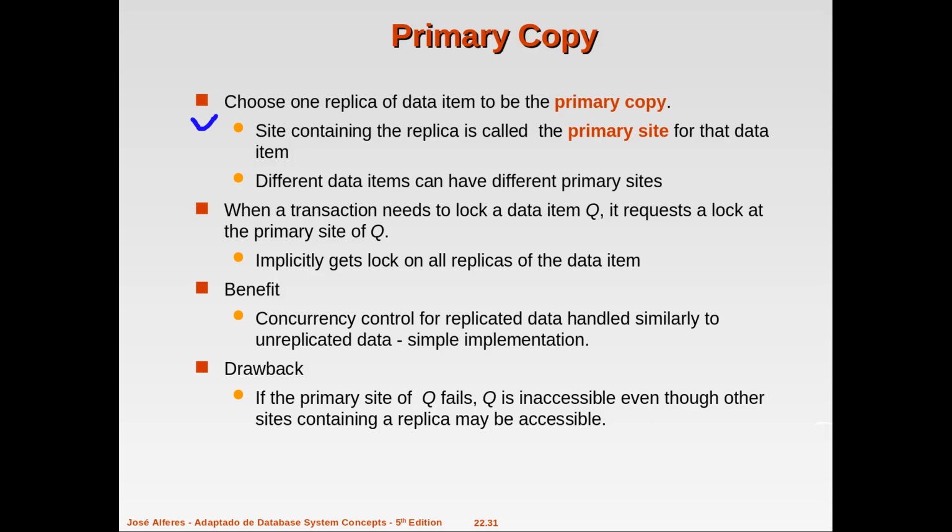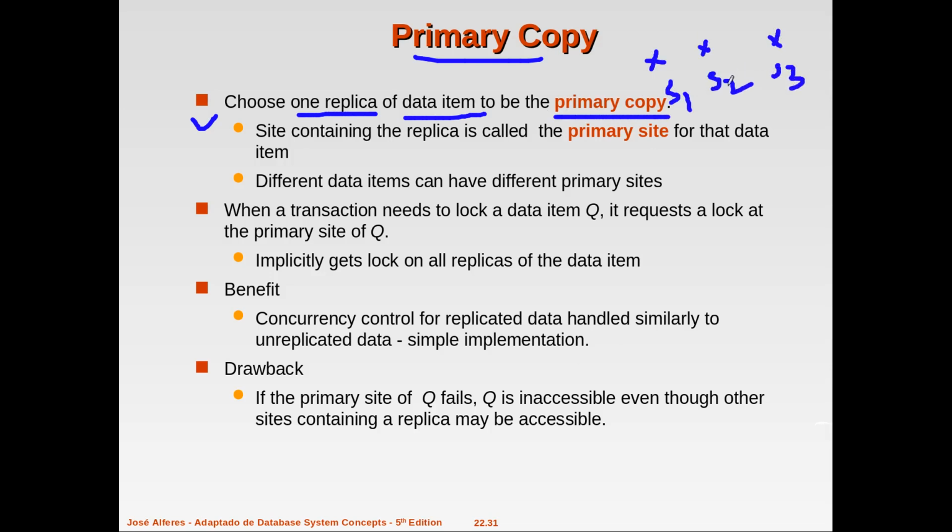That is our question. What we are doing with primary copy is we will choose any one replica of that data item, and that item will be considered as the primary copy. For example, H is present in S1, S2 and S3.